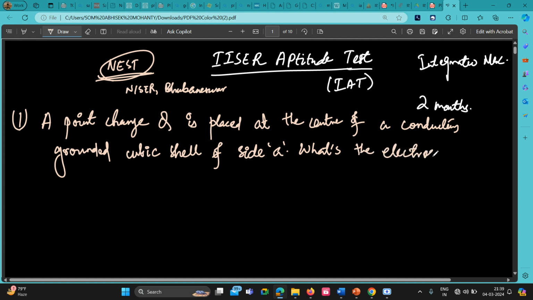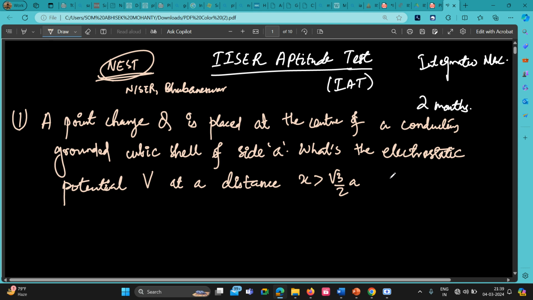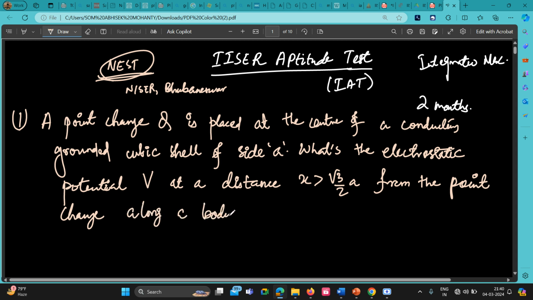What is the electrostatic potential V at a distance x greater than root 3 by 2 a from the point charge along a body diagonal of the cube?